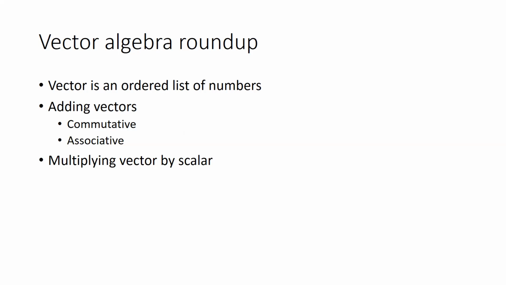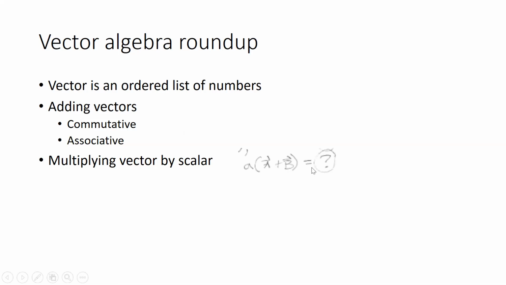Multiplying a vector by a scalar essentially extends or contracts the vector by the amount of the scalar. We can express this by saying that the scalar little a times the vector A plus the vector B would be equal to what?